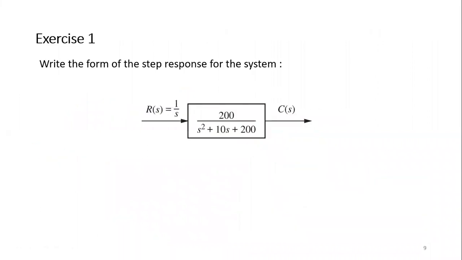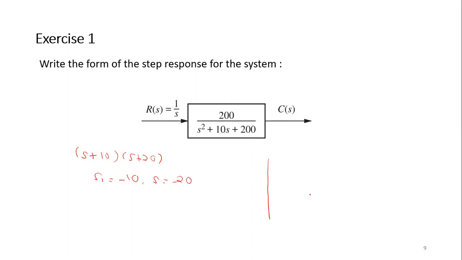Okay, there is some exercise you can do first. Write the form of the step response for the system. The first step is you have this transfer function of the system: 200 over s squared plus 10s plus 200. What we do first is factorize the denominator. When we factorize, I think you get s plus 10, s plus 20, if I'm not mistaken. So the first pole will be minus 10 and the second pole is minus 20.